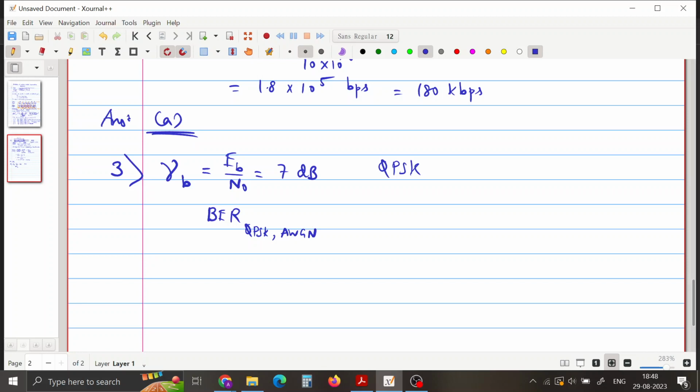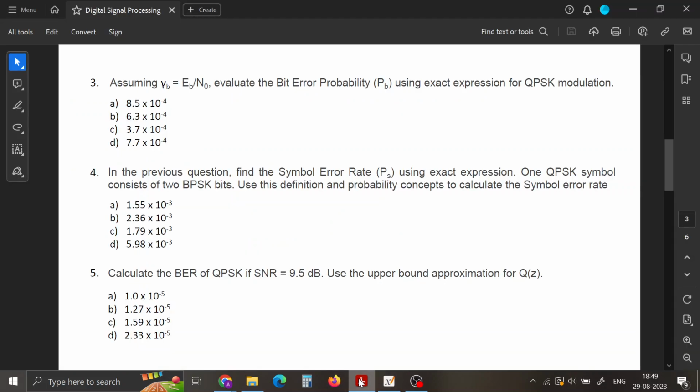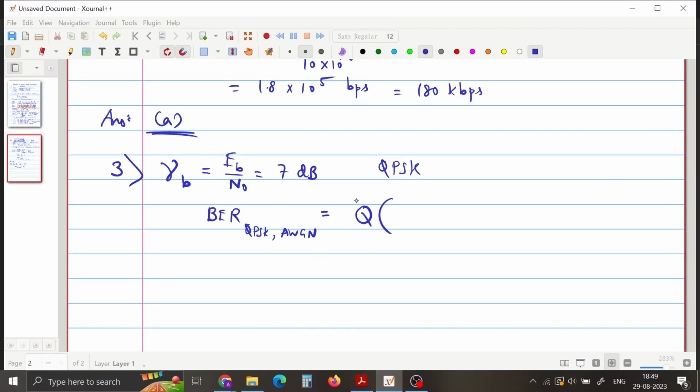There is no fading, otherwise it will be mentioned, right? So this is given by the Q function, and we need to use the exact expression for the bit error rate. So the exact form is Q function of square root of twice gamma.